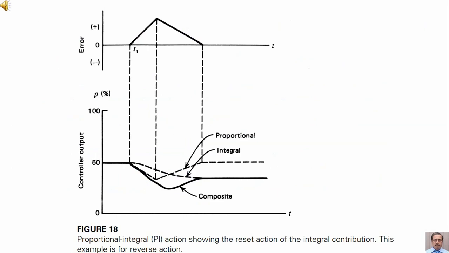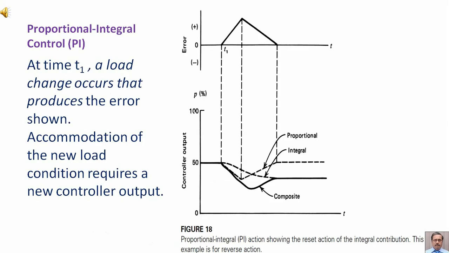Figure 18. Proportional integral PI action showing the reset action of the integral contribution. This example is for reverse action. At time t1, a load change occurs that produces the error shown.